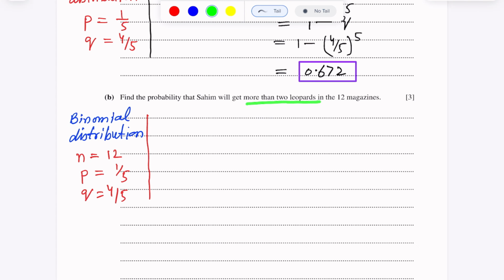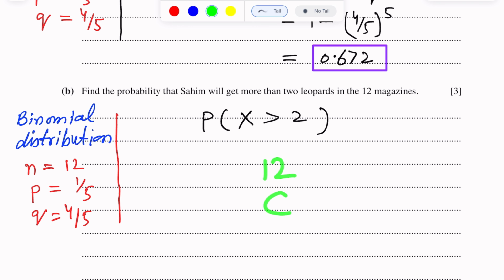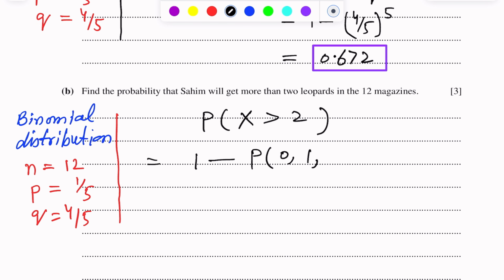More than two leopards means we have to find the probability of X greater than 2. This means 12C3 plus 12C4 plus and so on up to 12C12. This is a lengthy calculation, so we will use its alternative: 1 minus probability of missing values. Missing values are 0, 1, 2.